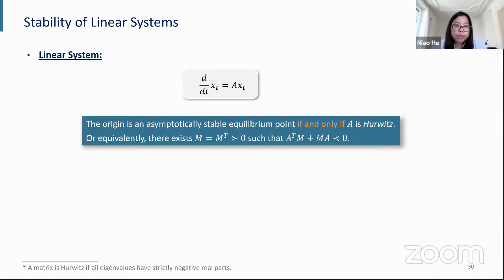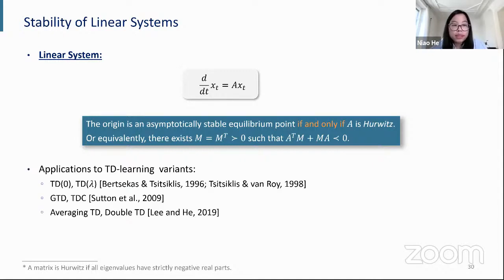And by Hurwitz matrix, we mean that all the eigenvalues have strictly negative real parts. Particularly, if you think about TD learning algorithms, those can indeed be cast into a linear system. And this stability argument has been widely used and explored in various different TD learning algorithms.